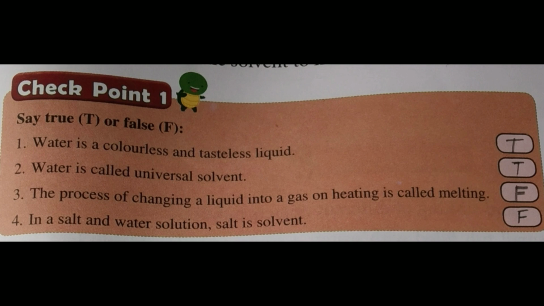So this statement is true. It is one of the physical property of water. The second statement is water is called universal solvent. This statement is also true. Water dissolves a lot of substances, so it is called universal solvent.